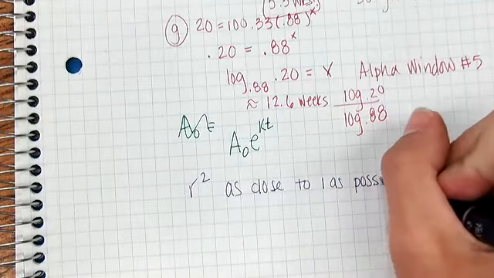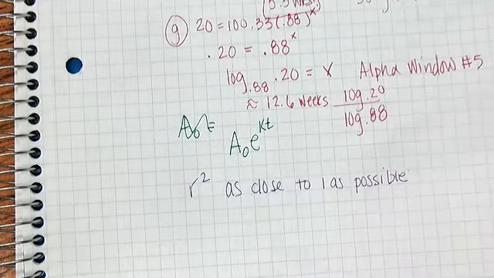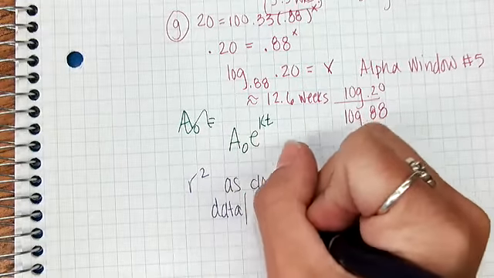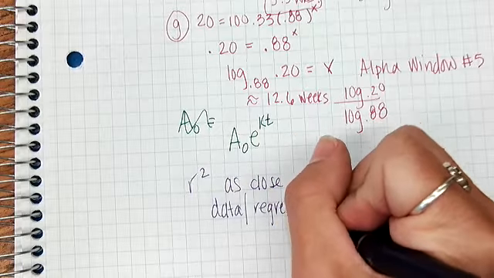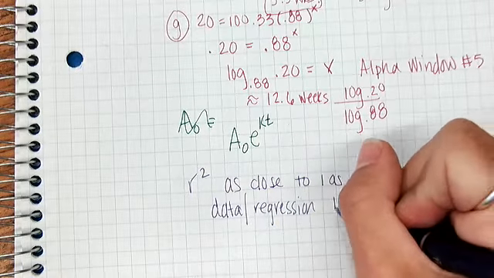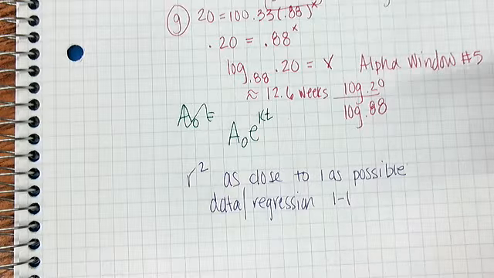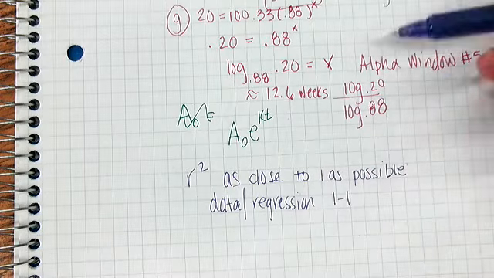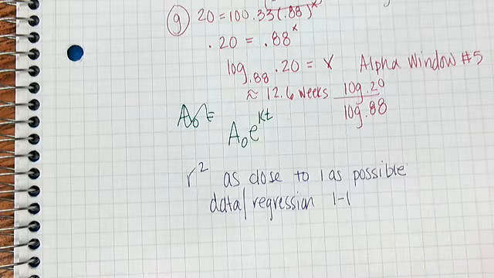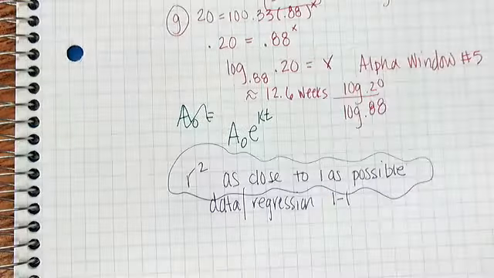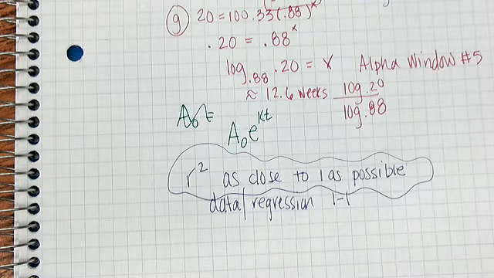This means that the data and the regression have a 1-to-1 relationship. Think about 1 as 100%, so they are 100% matched. This is going to help you in the future as we decide which regression it is.